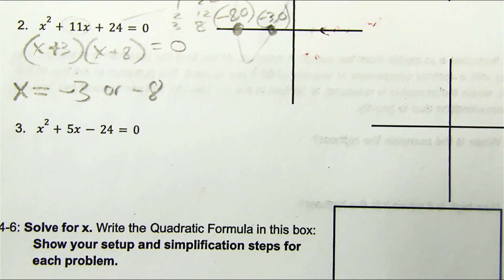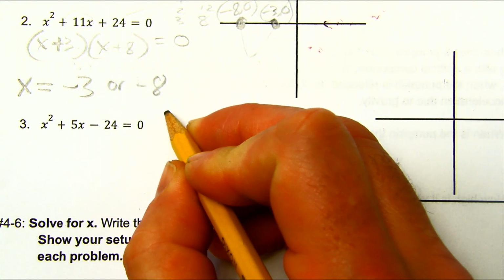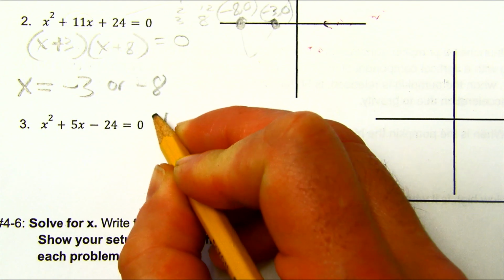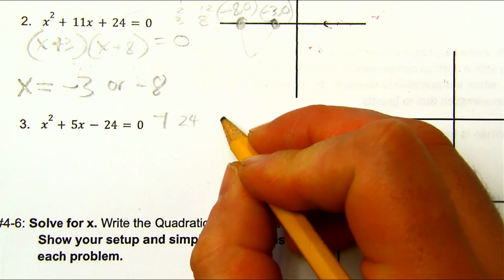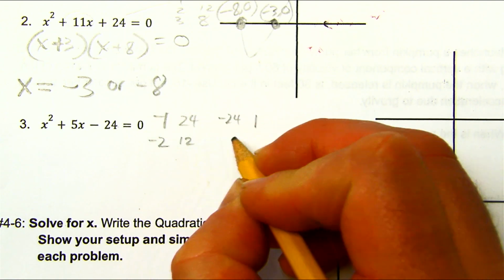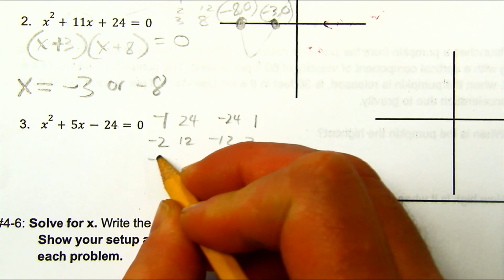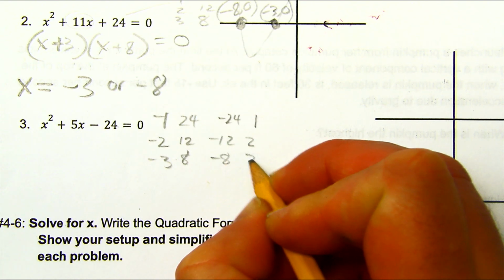Yay, boom. Okay, got a tricky one. Negative 1 and 24, times together is 24, or negative 24 and 1. Negative 2 and 12, or negative 12 and 2. Negative 3 and 8, or negative 8 and 3.